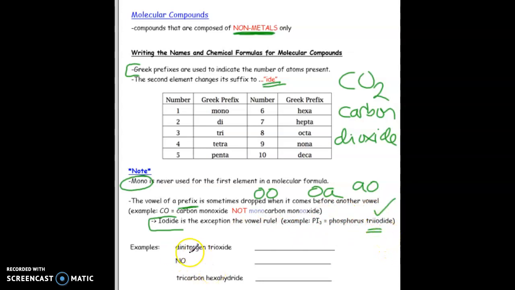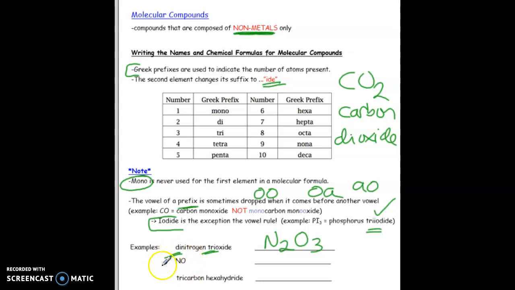Okay, so over here we have dinitrogen trioxide, right? N2O3. You do not reduce down. So for these ones here, you actually just use the prefixes as whatever they are. There is no reduction. This is not ionic. That's one of the big differences between ionic and molecular naming.